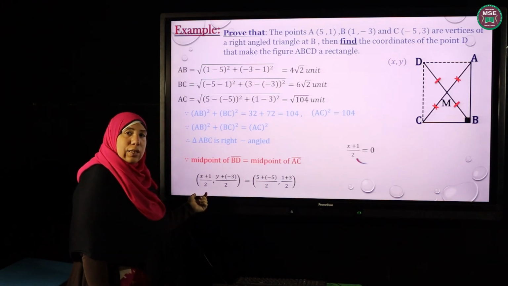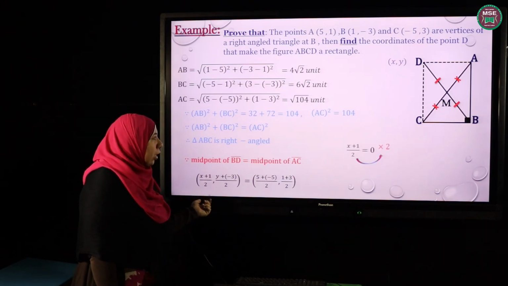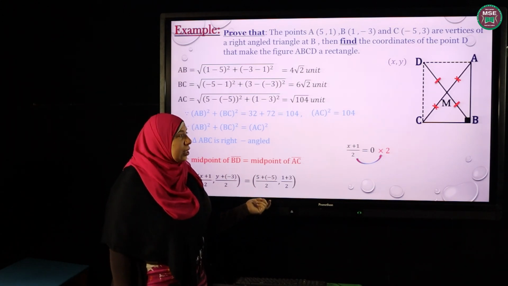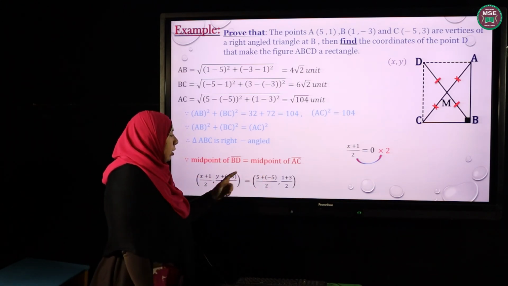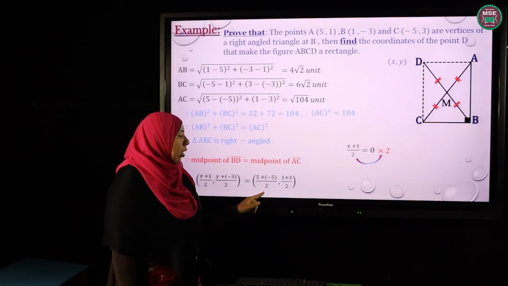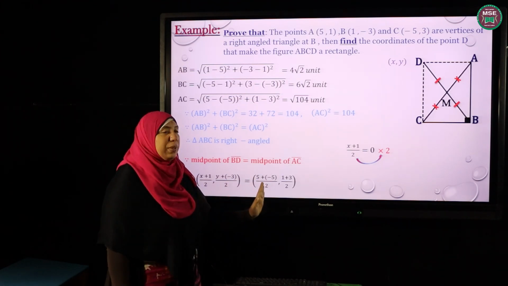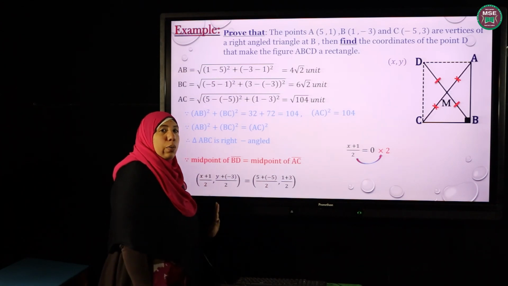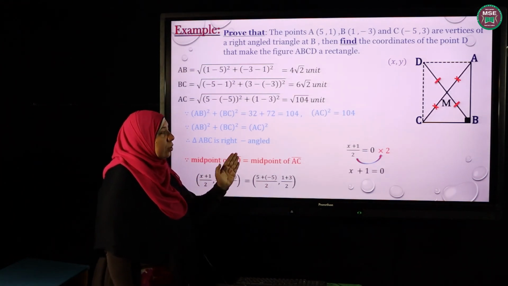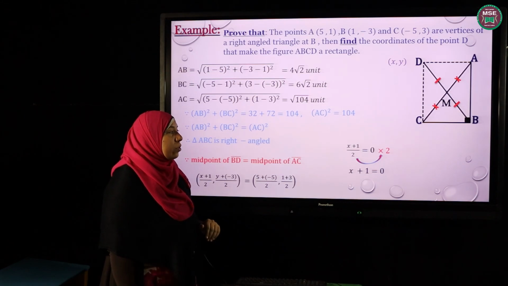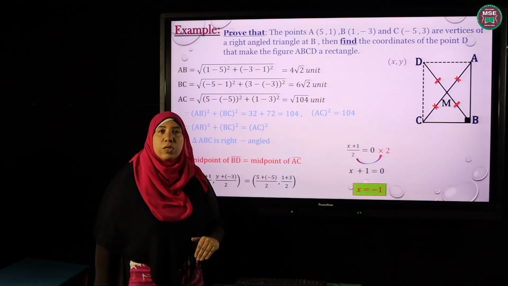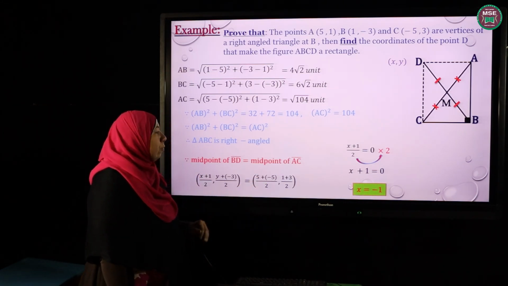So the x coordinate here equals the x coordinate there, which is 0. So (x plus 1) over 2 equals 0. Multiplying by 2, x plus 1 equals 0, and 1 goes to the other side as negative, so x equals -1.